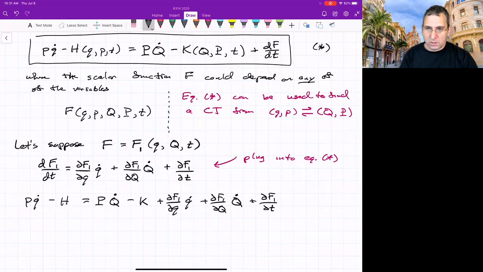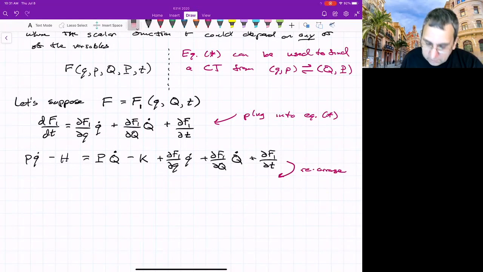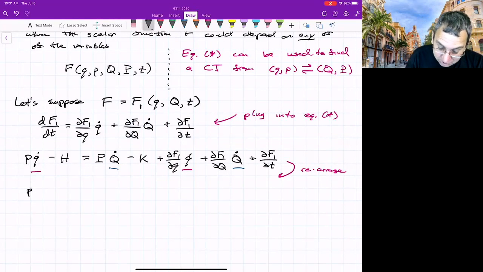So we have an equation. We're going to rearrange things, and you'll see where this is going. We've got two things that multiply little q dot, two other things that multiply big Q dot, and then we have whatever's left. So we're going to rewrite it to collect terms. Okay, so p minus partial F1 partial q.